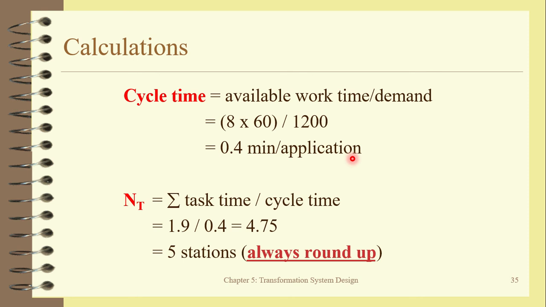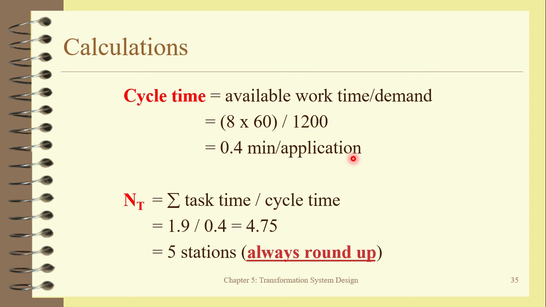What if the cycle time of the line is lower than 0.4, like 0.3, 0.2, something like that? It means that the whole operation to produce 1,200 applications could be finished earlier, right?